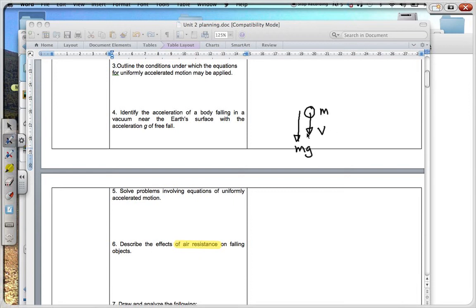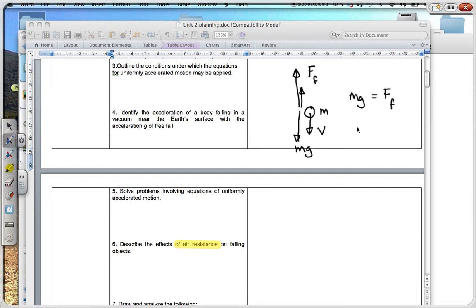Now as it increases its velocity, the frictional force will start to increase. It will increase and increase until we get to a situation where, let's call the frictional force Ff, mg equals Ff.